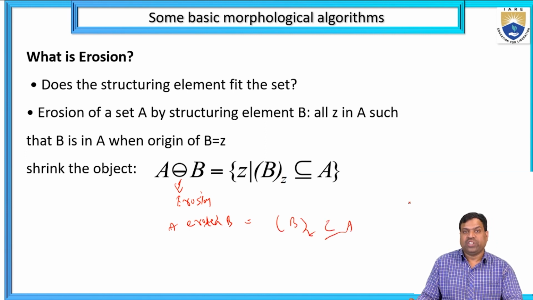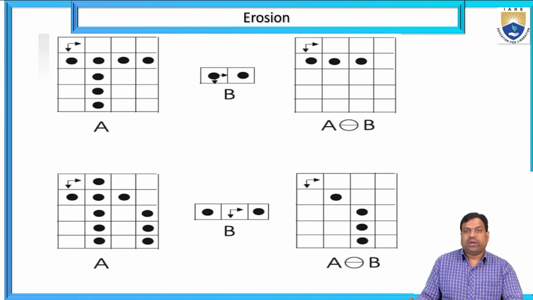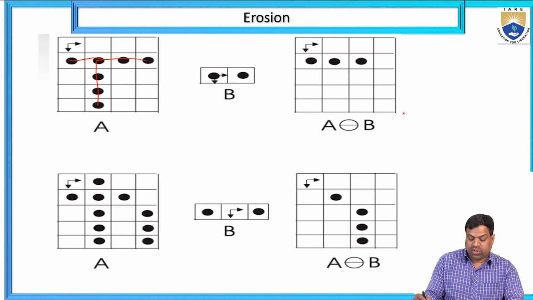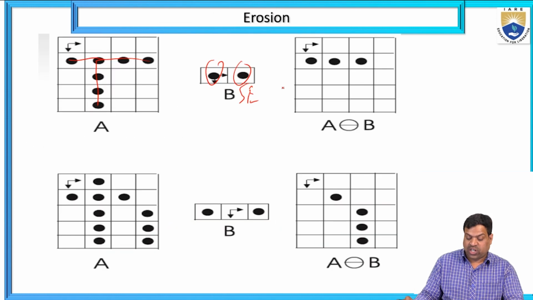Okay, what is the process we will discuss? It is only a formula. Here I am taking one example: A eroded by B. Here we remove the items. It is an SE, meaning structuring element.